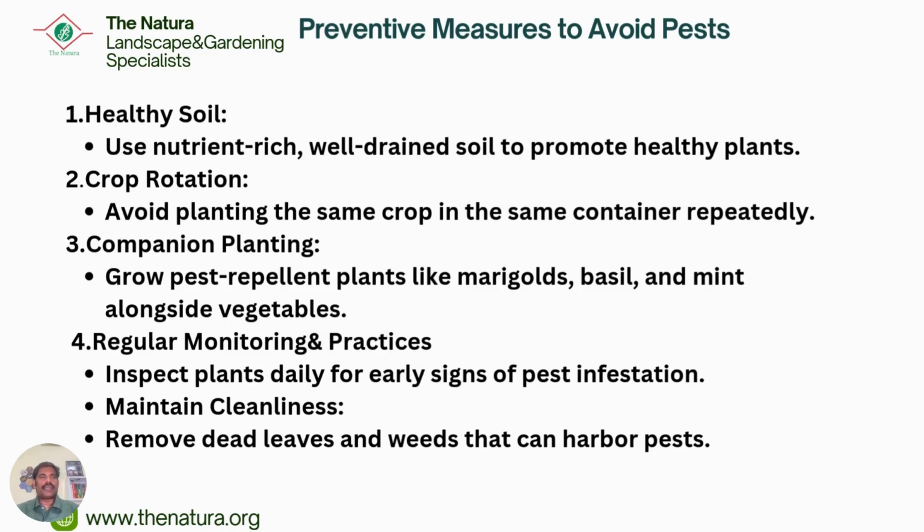We have narrated the points, starting with healthy soil. We should use nutrient-rich, well-drained soil to promote healthy plants. If you are not using well-drained soil, or some other infected soil, it may carry pests and eggs, and those will spread again.